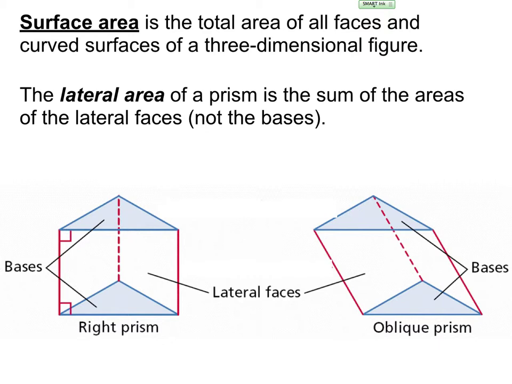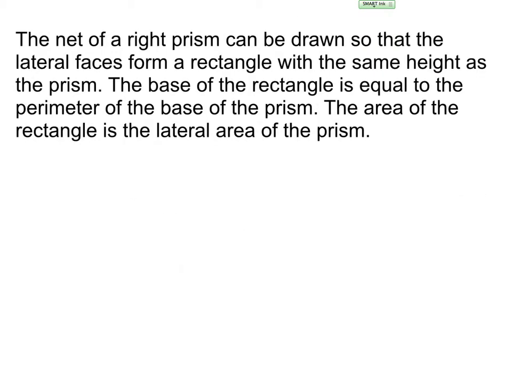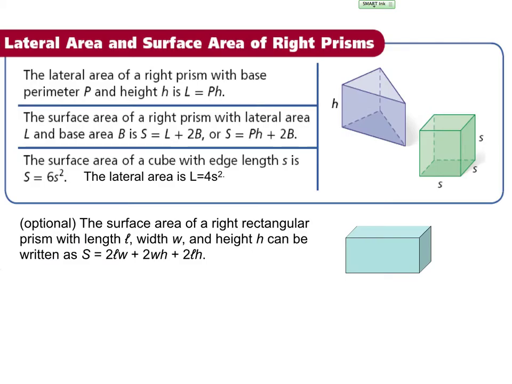All right, as we're thinking through that, the two formulas that we're using are the top ones on your notes there. The lateral area of a right prism. Right prism meant that these are rectangles, not parallelograms. Okay, if the base perimeter is P and the height of the prism.